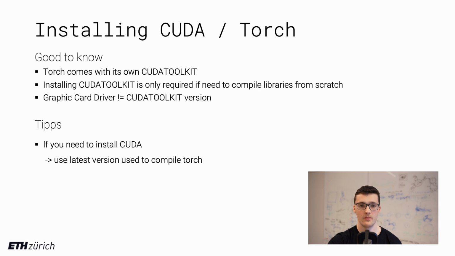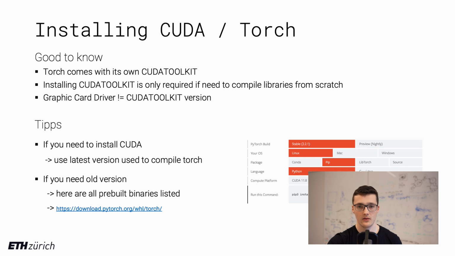So here are a few tips. If you need to install CUDA on your system now, you should use the latest version that is used to compile Torch by default. If you look at this website that you're familiar with, you can see that the stable version of PyTorch, today 2.2.1, is built with the CUDA version 2.1.